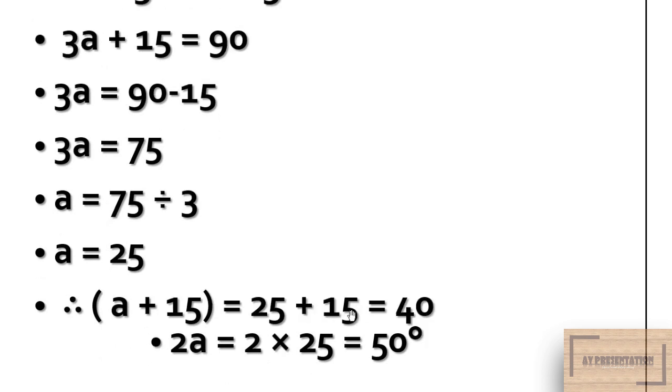Then a plus 15 is 25 plus 15, which is equal to 40. The second angle measure is 2a, meaning 2 multiplied by the value of a, 25. So 2 multiplied by 25 is 50. So one angle measure is 40 and the other angle measure is 50. Both are mutually complementary angles.